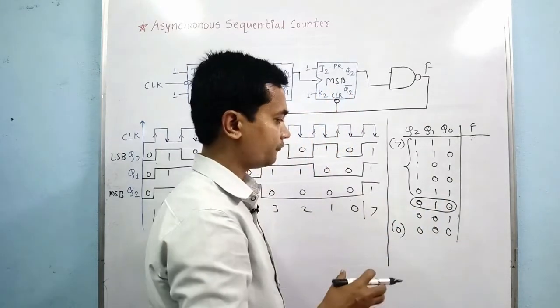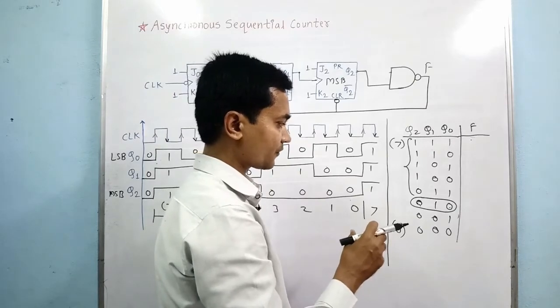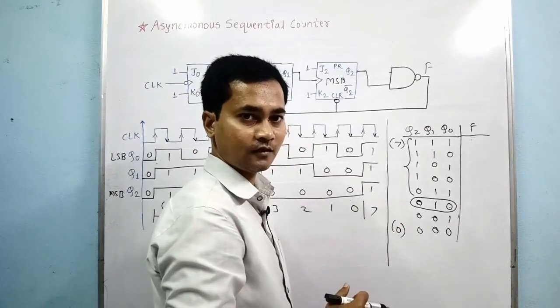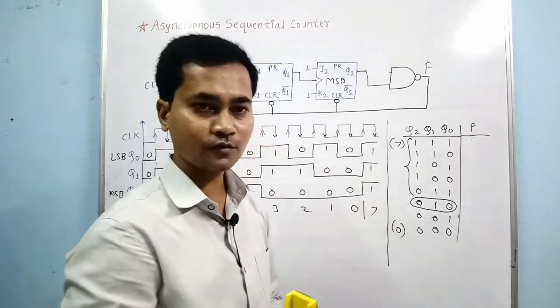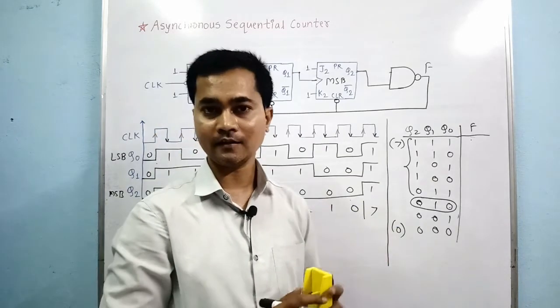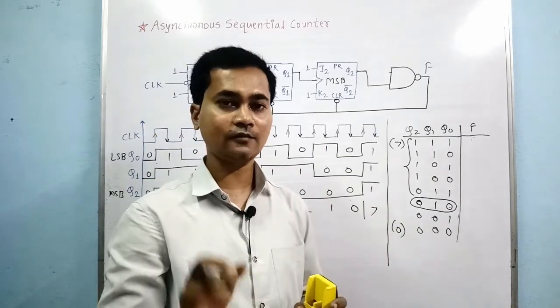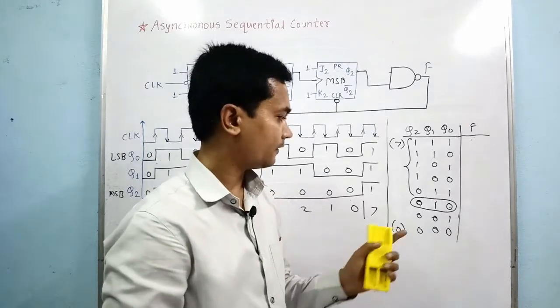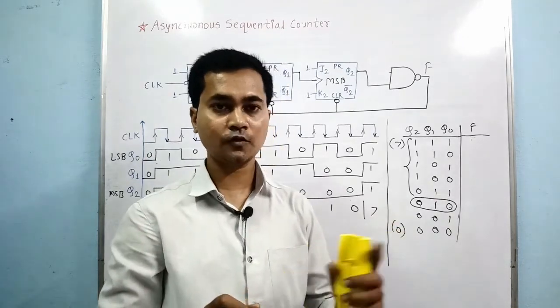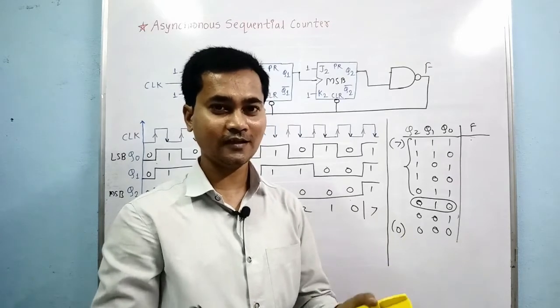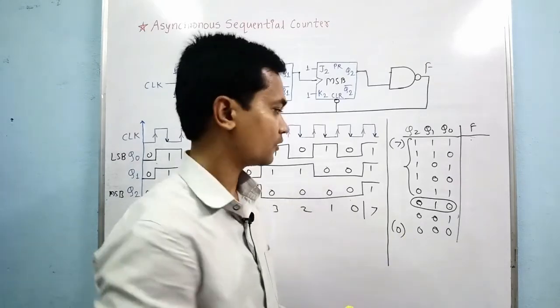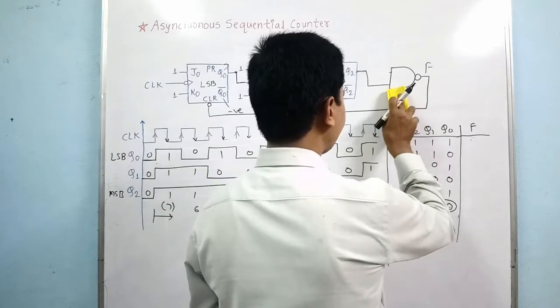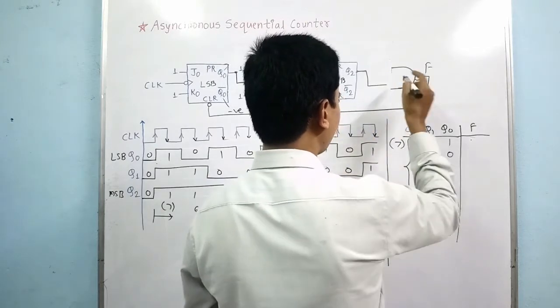So which logic gate should be used here? When all the inputs are 0 0, the output should go high. If any one input is 1, the output should go low. So obviously we have to use a NOR gate instead of this NAND gate.